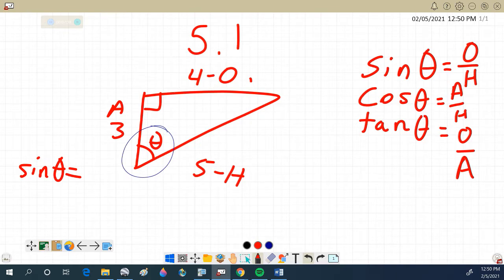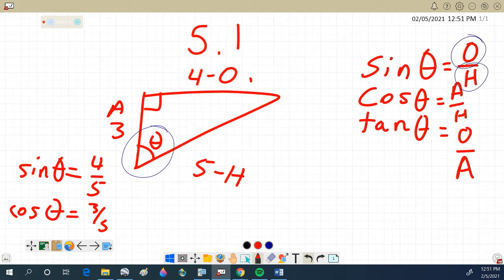So sine is O divided by H. So in this case, it's 4/5. What about the cosine of theta? That would be A over H, which is 3/5. And the tangent of theta is O divided by A, which would be 4/3. Does everybody understand that?